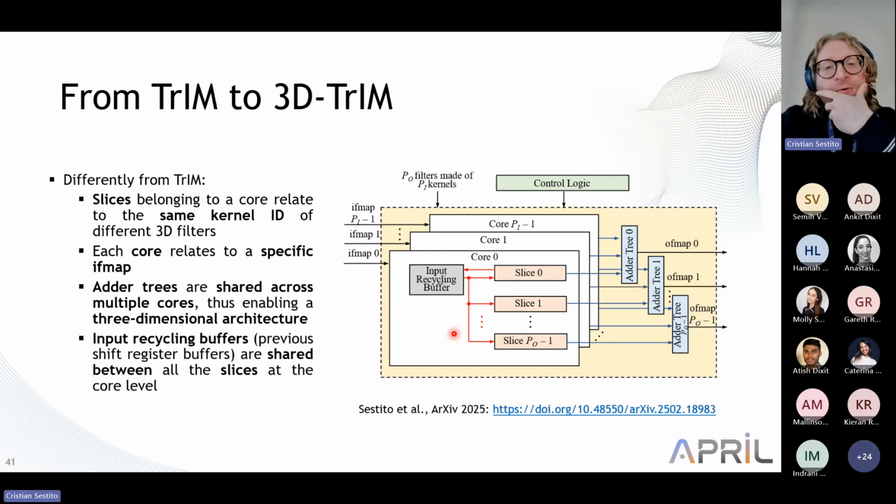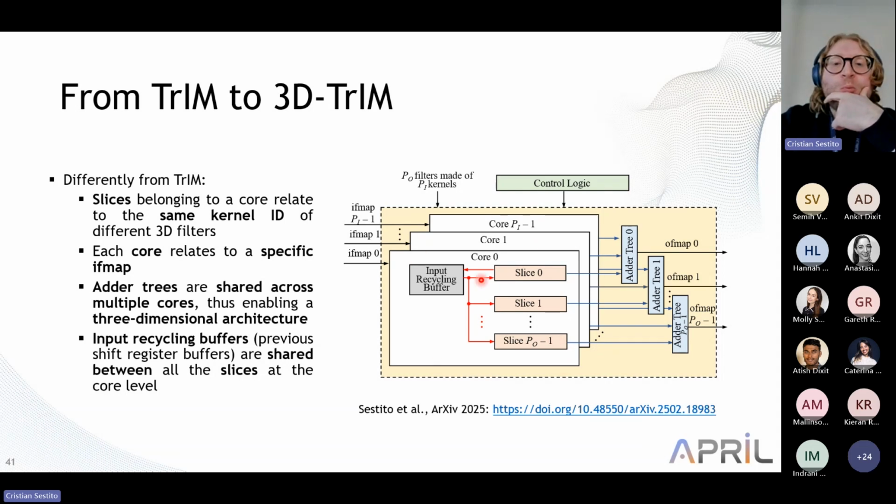Now we have different cores that accommodate different TRIM slices, and each slice shares an input recycling buffer. So at the core level, we provide one input feature map, and each slice accommodates a different filter to generate multiple output feature maps from the same core.